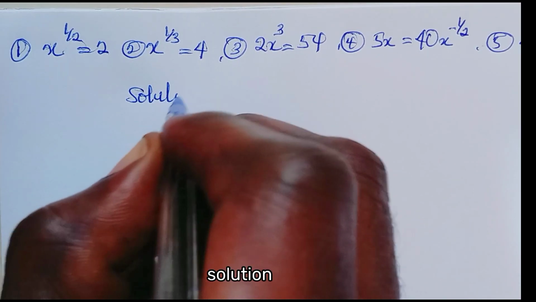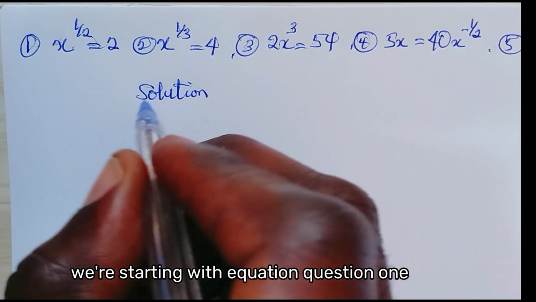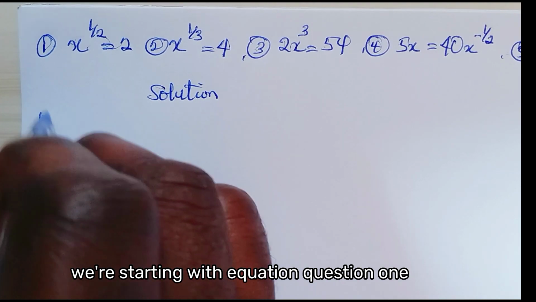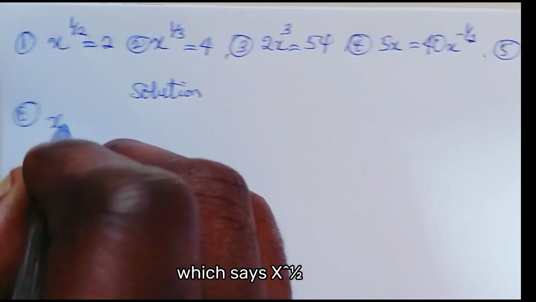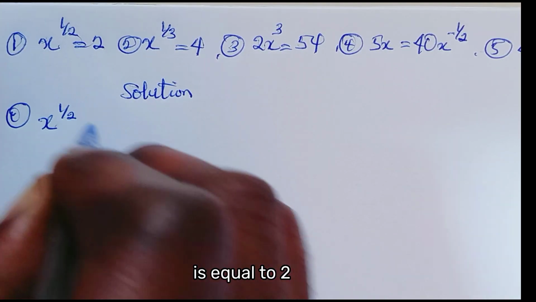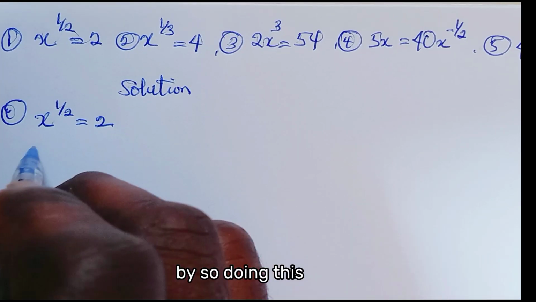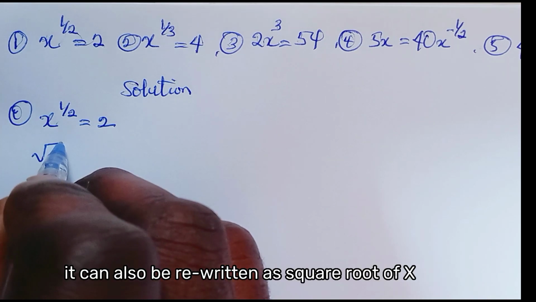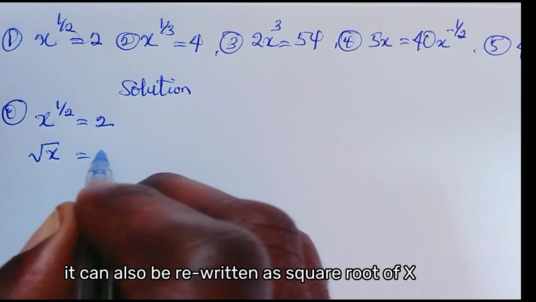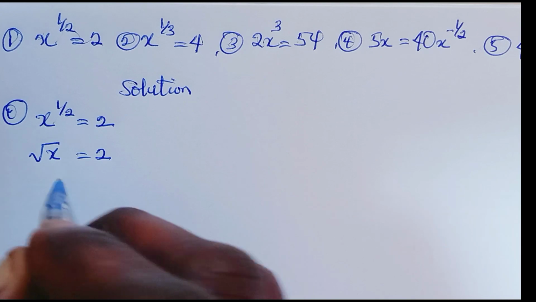So, solution. We're starting with question 1, which says x raised to power 1 over 2 is equal to 2. So by so doing, it can also be written as square root of x, which is equal to 2.